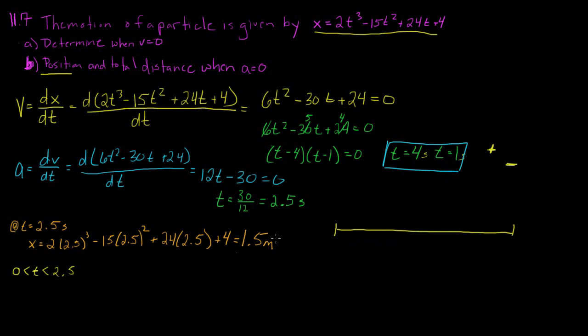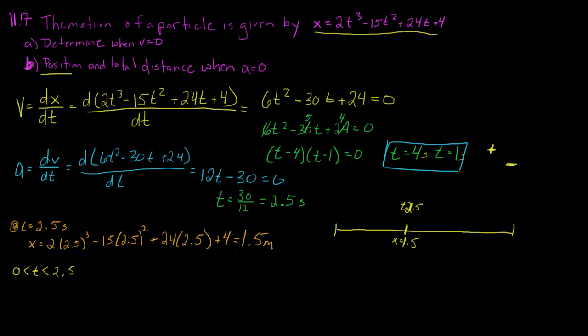We know that at t equal to 2.5, our position x is 1.5 meters.